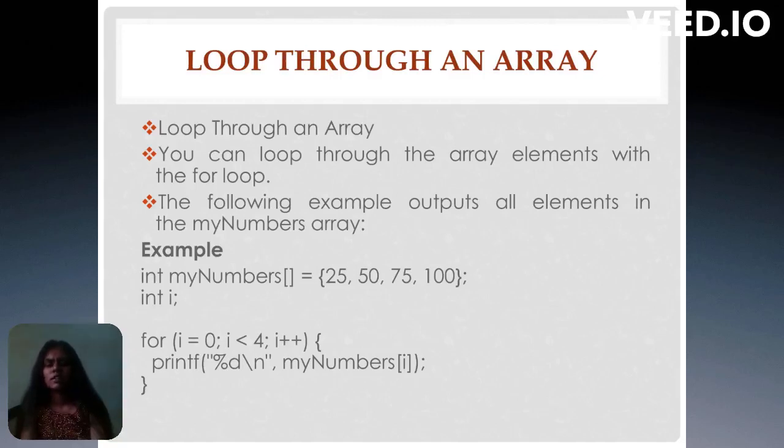Then it gets incremented and prints 100, because 3 is less than 4. When the value of i becomes 4, the loop condition fails, because 4 is not less than 4, and it comes out of the loop.